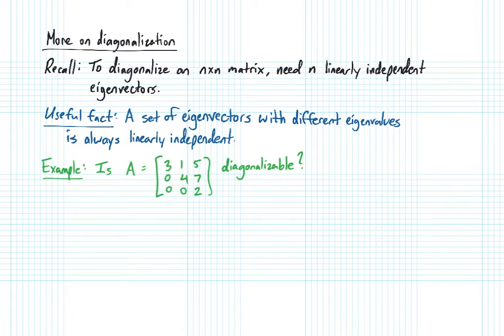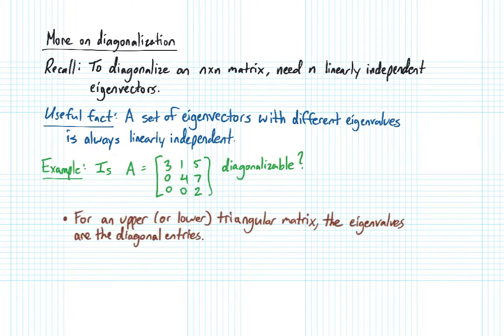So there's a couple of things that come into this. So the first thing is that for an upper or a lower triangular matrix, the eigenvalues are just the entries along the diagonal. And this comes from the fact that the determinant of an upper or lower triangular matrix is just the product of the diagonal entries. And to calculate the eigenvalues, you calculate the determinant of A minus lambda I, which will be upper or lower triangular.